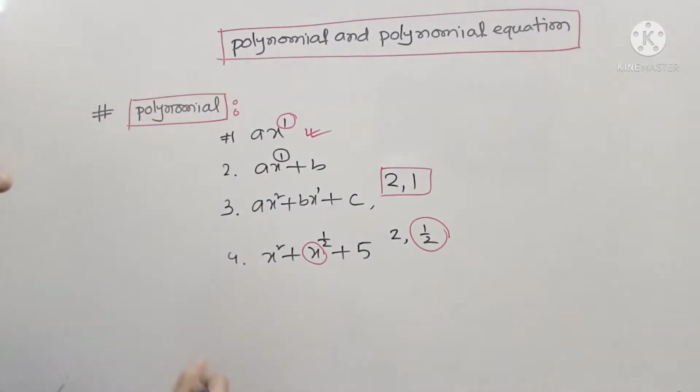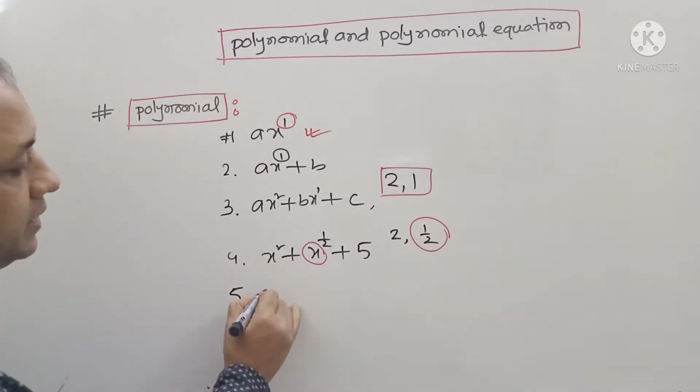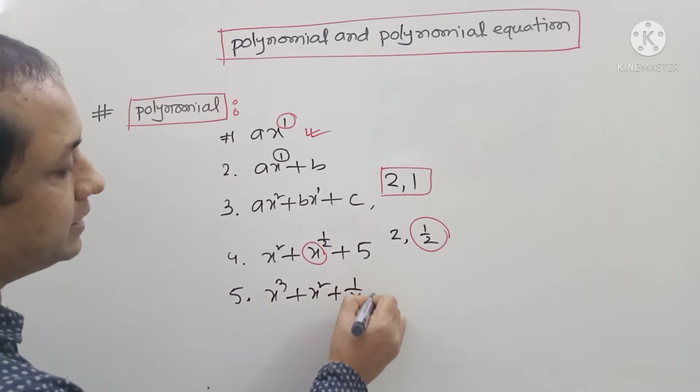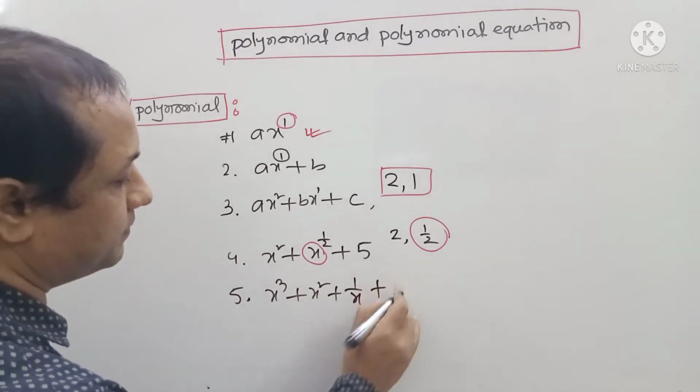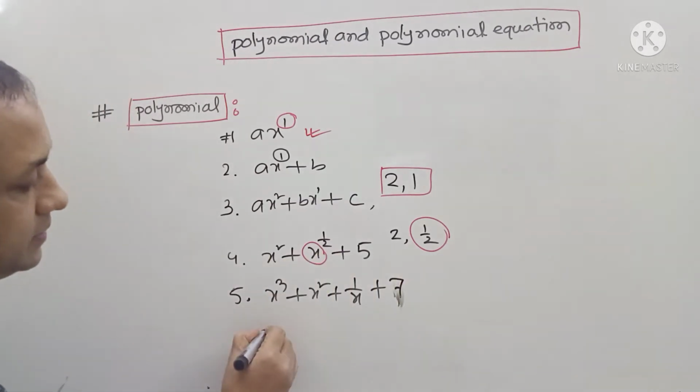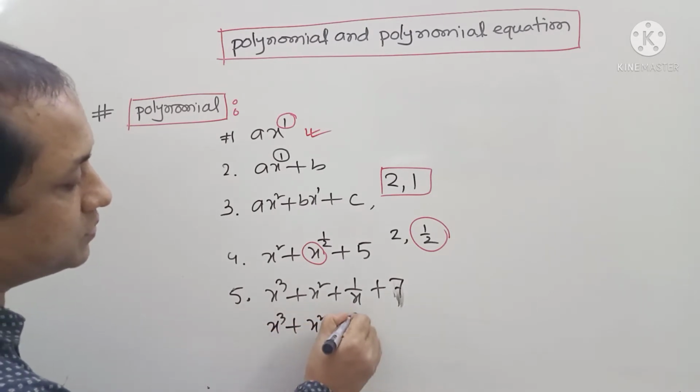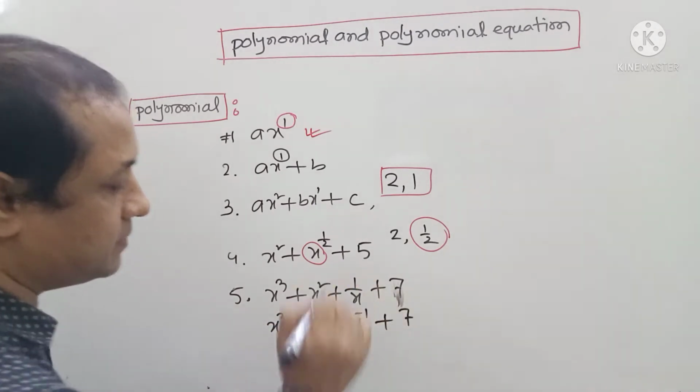And another example, students, here x cube plus x squared plus 1 by x plus 7. So students, here x cube plus x squared plus x to the power minus 1 plus 7.